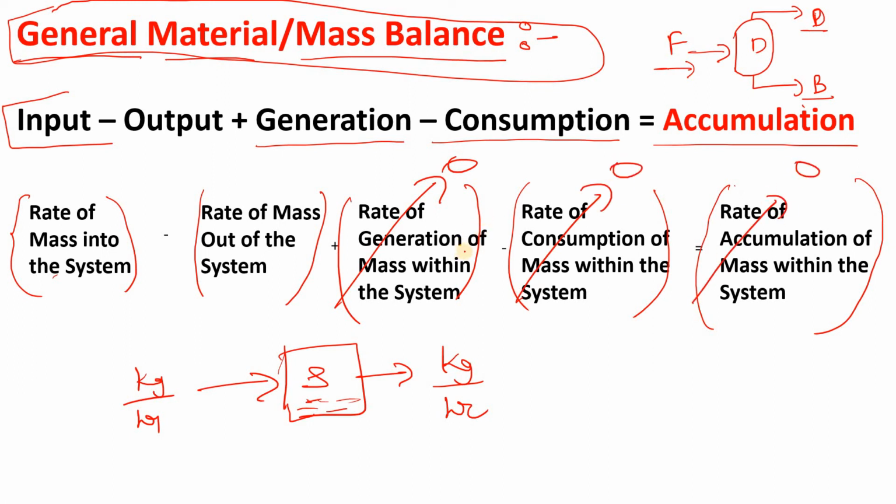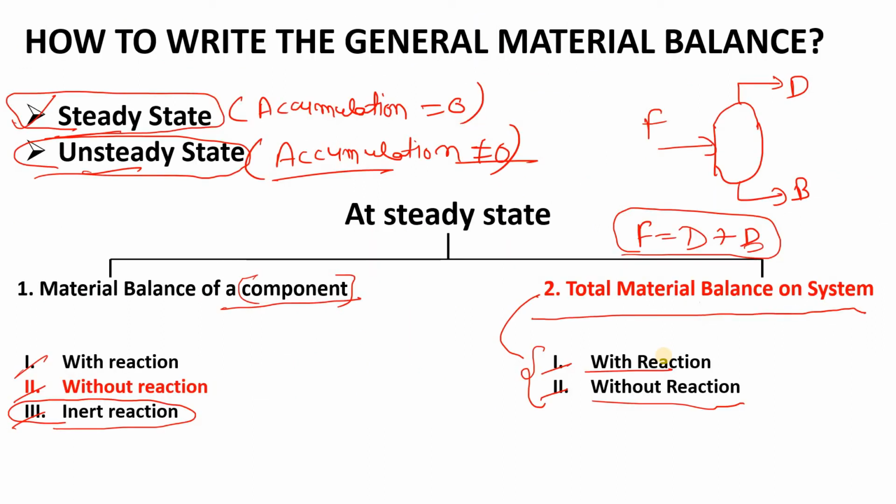Because it is a total material balance in steady state, and as I have already told you, in steady state accumulation will be 0, and the consumption and generation will also be 0. Got my point? Same thing, we can also apply the material balance on steady state overall material balance with reaction, then on the inerts, and on the total system. Got my point? So this is just a general overview of the material balance.